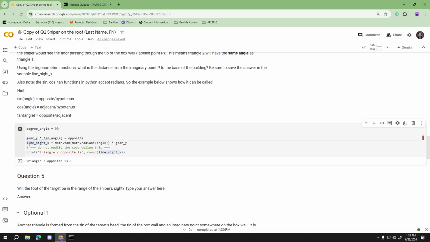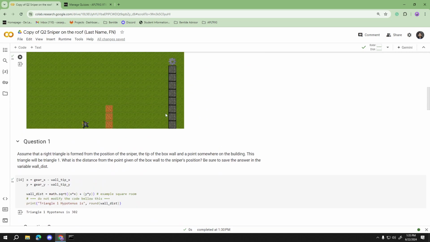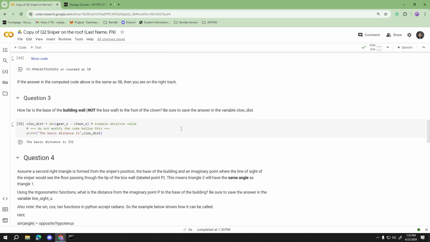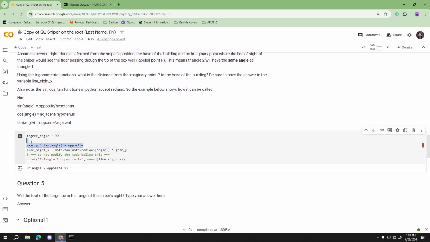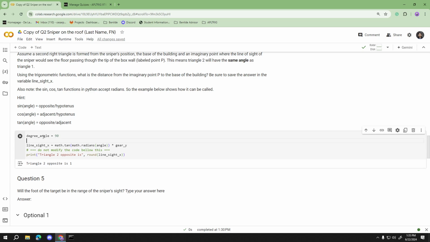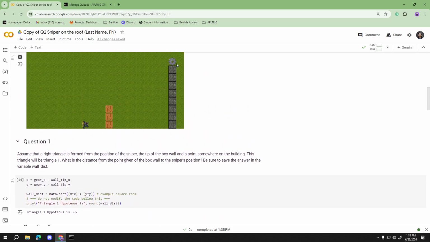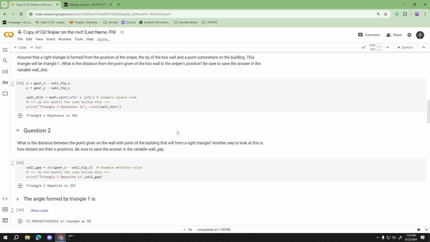That should give our line of sight x, which is this line. So in triangle 2, the opposite is 410. So this line here, from here to the imaginary point, the line of sight, is 410.